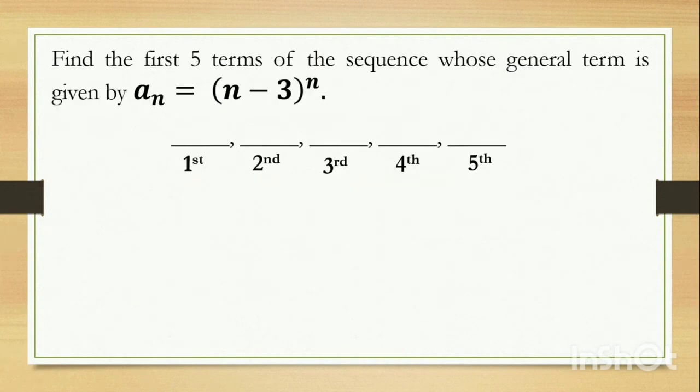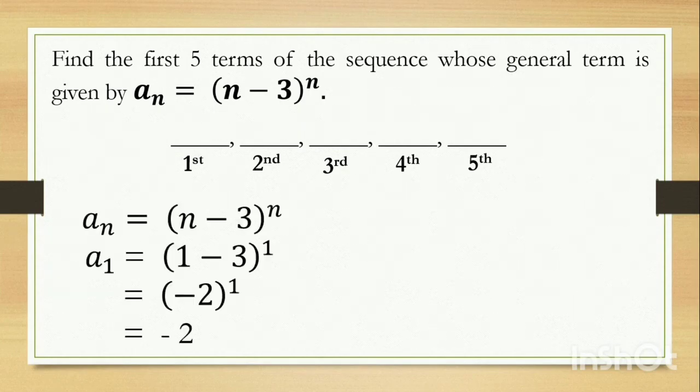Okay, so find the first 5 terms of the sequence whose general term is given by A sub n is equal to the quantity of n minus 3 raised to n. So dito, kukunin natin yung first 5 terms. So yung unang 5 terms, ano kaya yon? So binigay yung general term. Let's try to solve. So given yung formula na or rule na A sub n is equal to the quantity of n minus 3 raised to n.